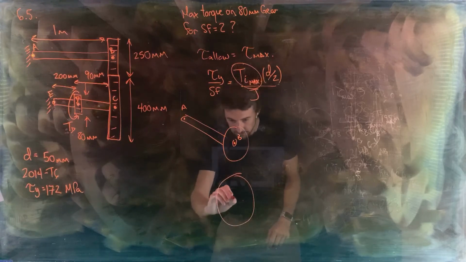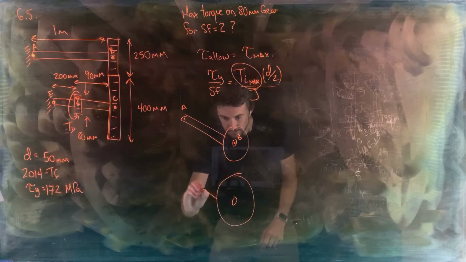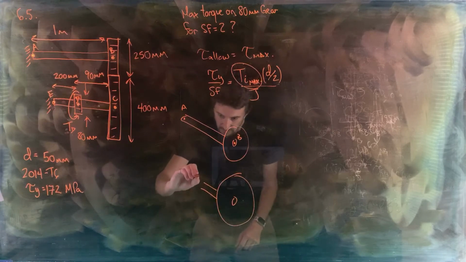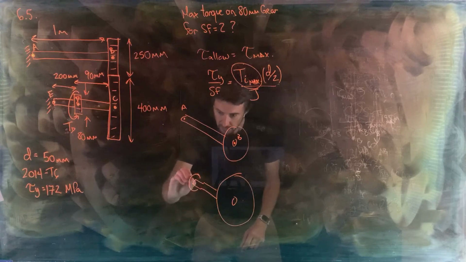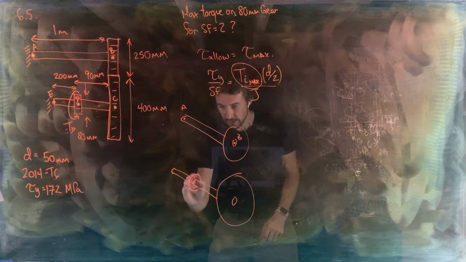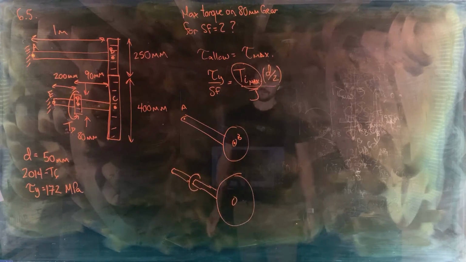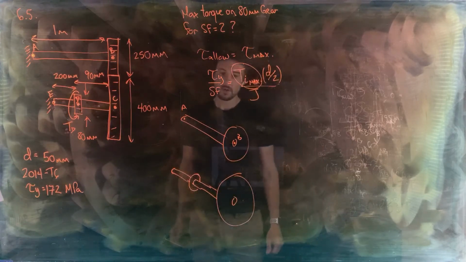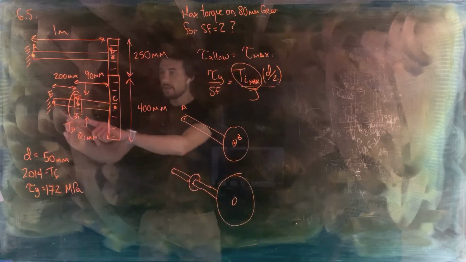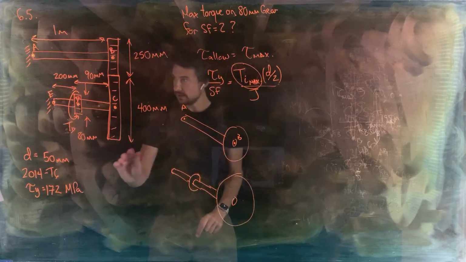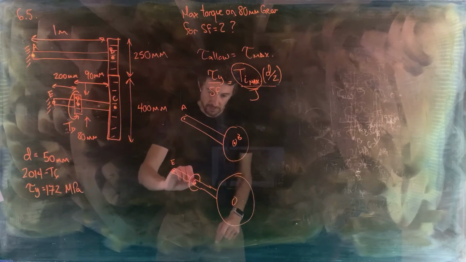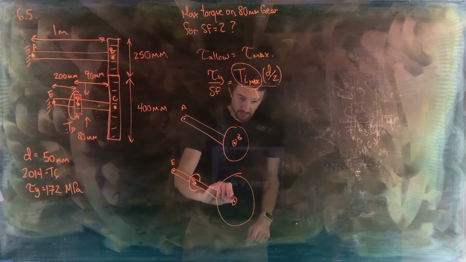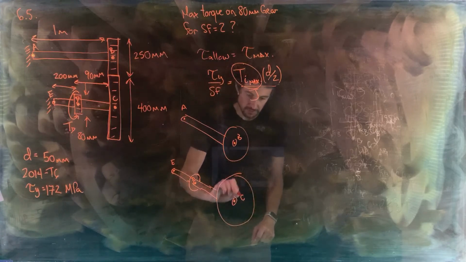So the shaft goes out like this, and then it goes into the smaller gear here, comes out the other side. This is point E, here's point D, and over here is then point C.